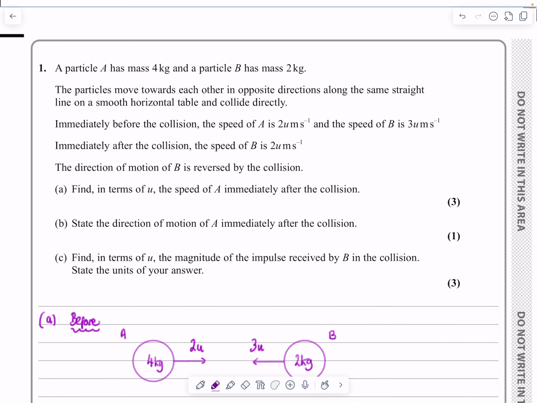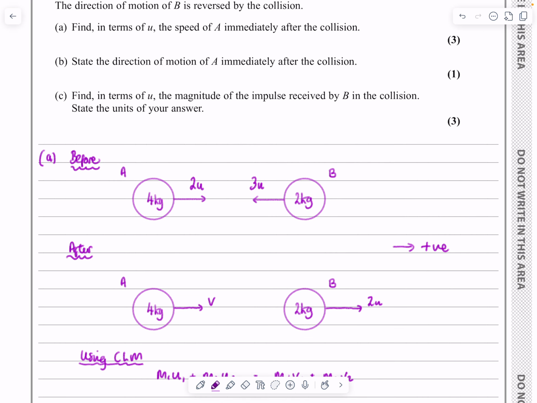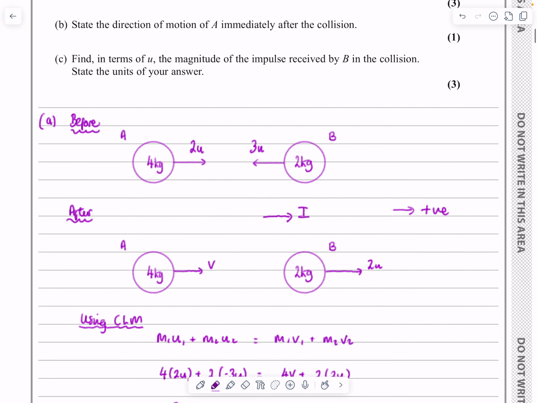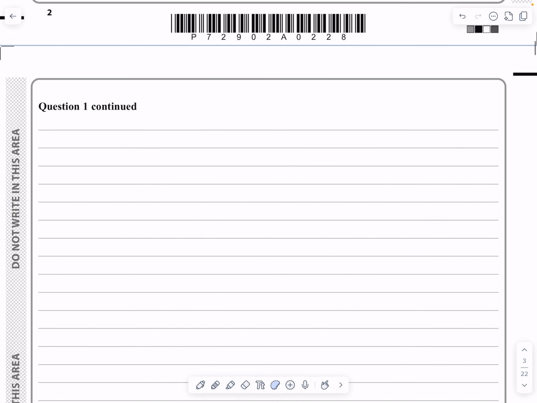Then part C, it says, find in terms of U the magnitude of the impulse received by B in the collision, state the units of your answer. Okay, so if I'm going to say the impulse received by B, I'm looking at the impulse there, so I'm going to take that direction as positive. And in fact, what I'm going to do is just copy that and put that down there as part of my answer here.